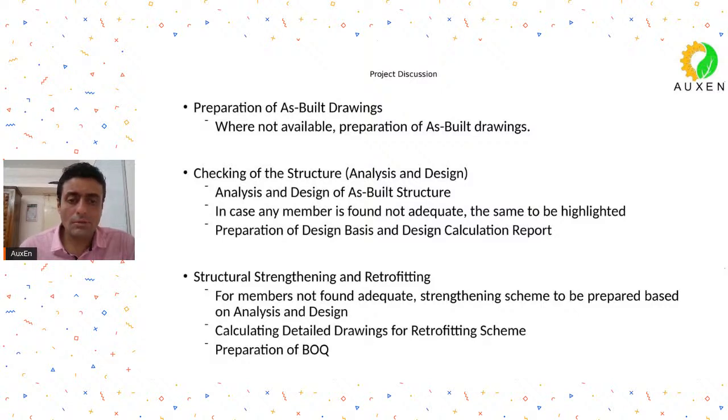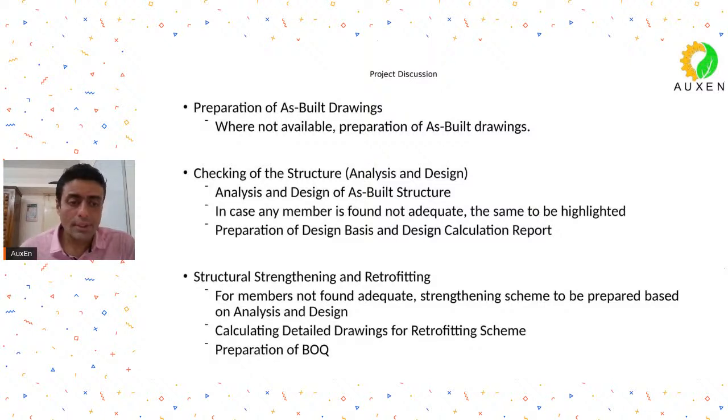We had to sort of model the structure first as per the as-built drawings, and then we did the complete analysis design, and then member by member we checked whether or not the member is adequate, or it has some deficiencies, and then we prepared a design basis and design calculation report. So checking of structures, I will say, will be the fourth step.